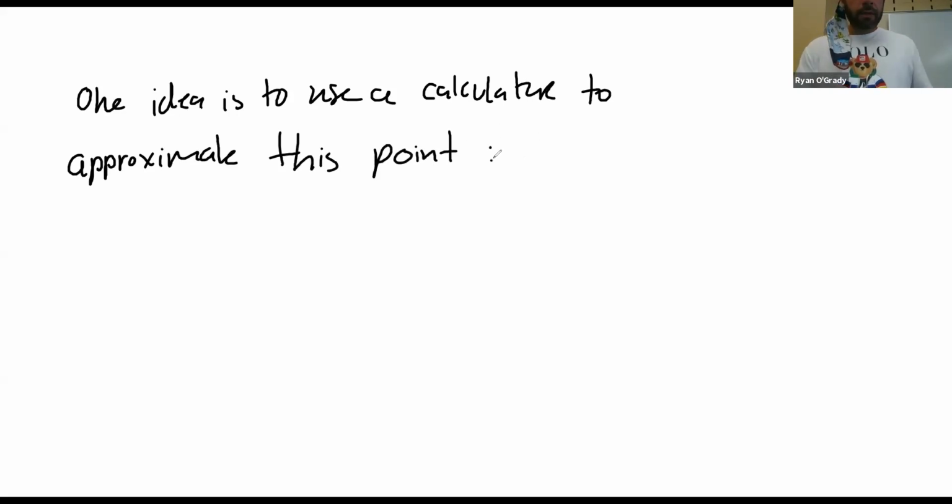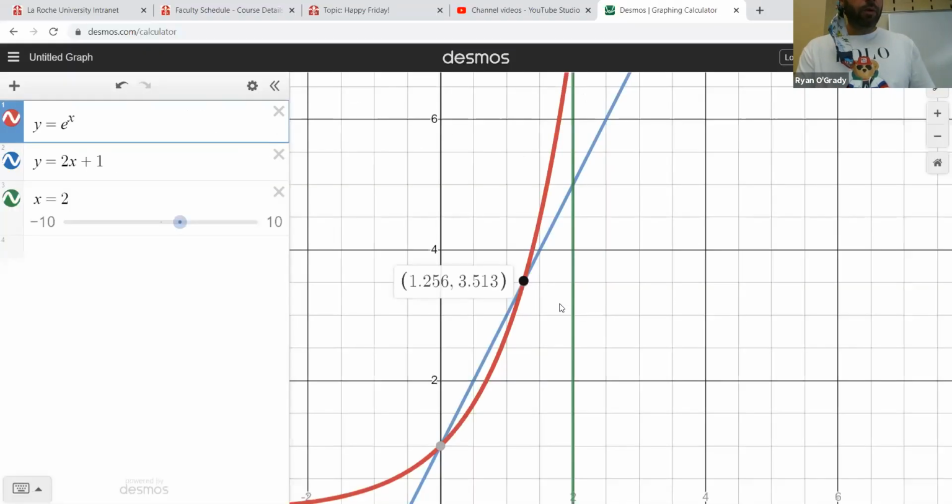So we already did that because we graphed it. When we graphed it, if I go back to Desmos, we saw that it intersects at the point 1.256, right? So let's use that point.